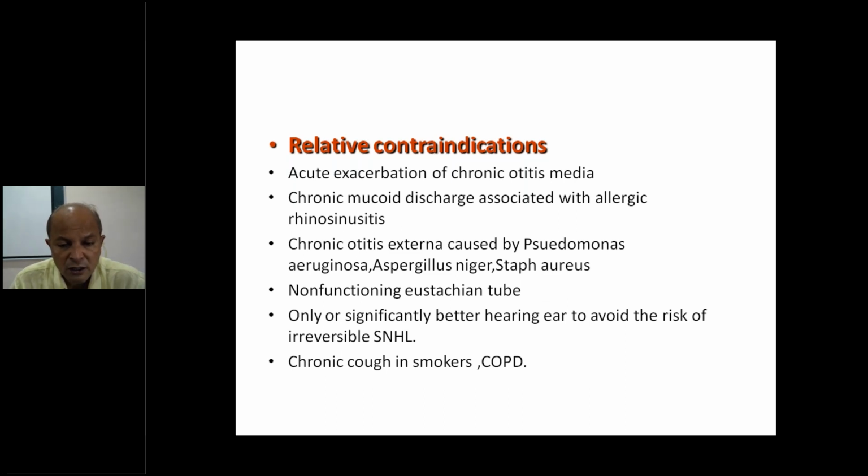If that is not there, you can also take the help of impedance audiometer, and you increase the pressure in the middle ear and keep a probe in the nasopharynx, and if the increased pressure does not go into the nasopharynx and the nasopharynx pressure remains low, then definitely there is some eustachian tube obstruction. So these are a few, one or two tests.